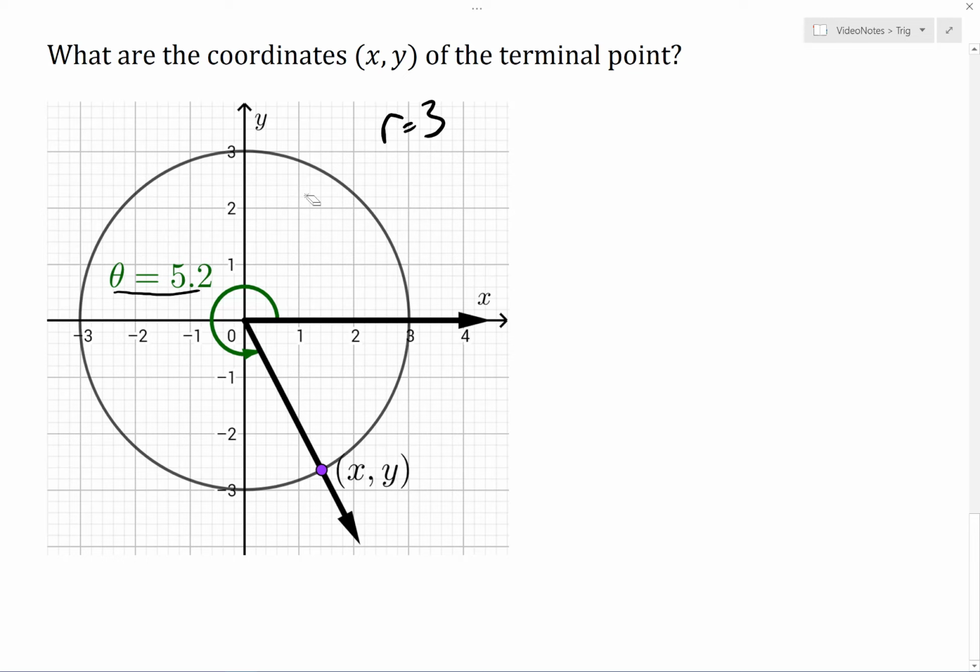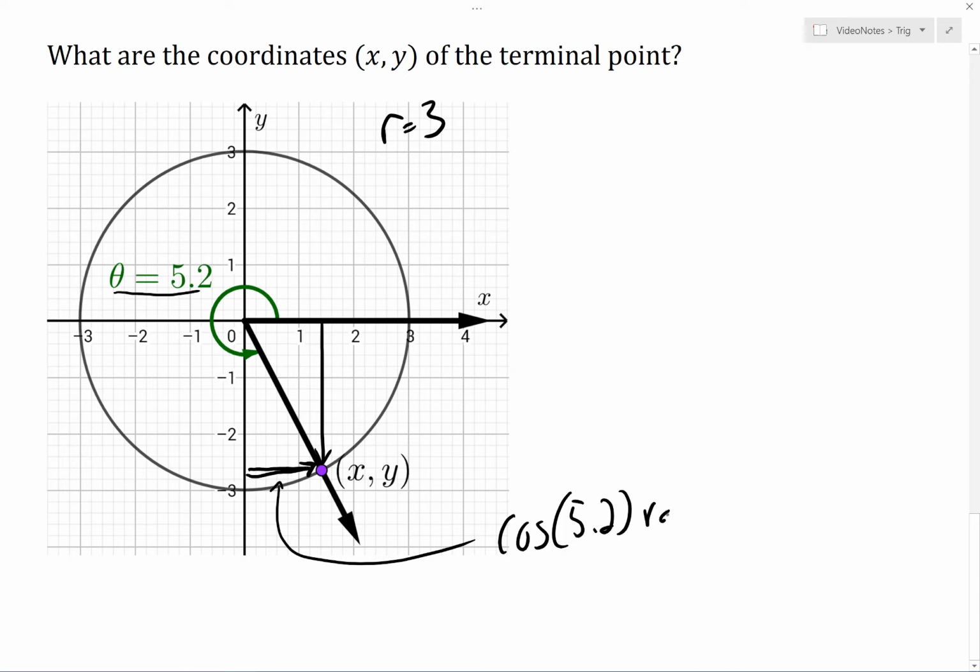This terminal point has some distance to the right of the center of the circle, which will be its x-coordinate, and some distance above the center of the circle, which will be the y-coordinate of that point. So this distance to the right of the center of the circle, we know that that distance is cosine of theta, or cosine of 5.2 radii.